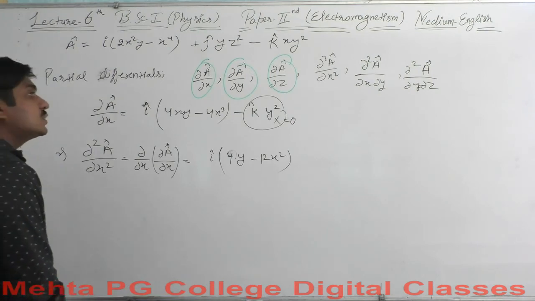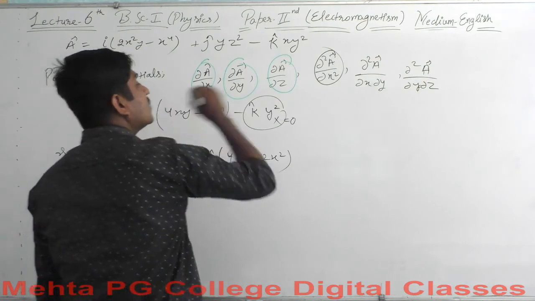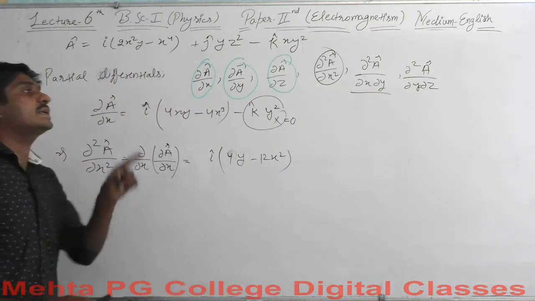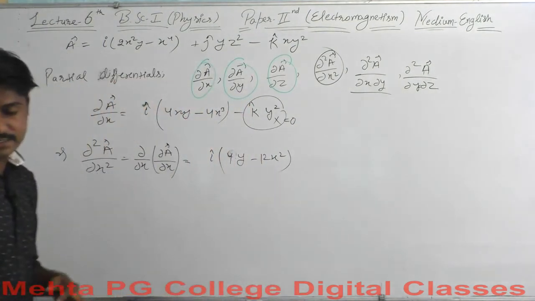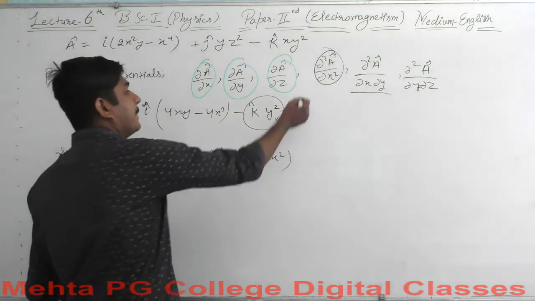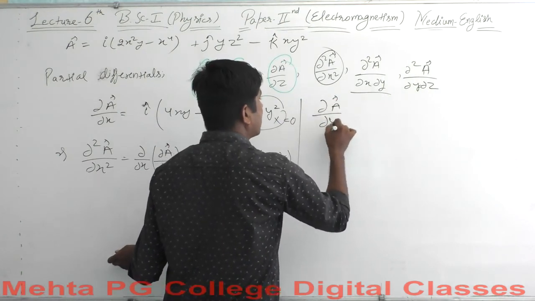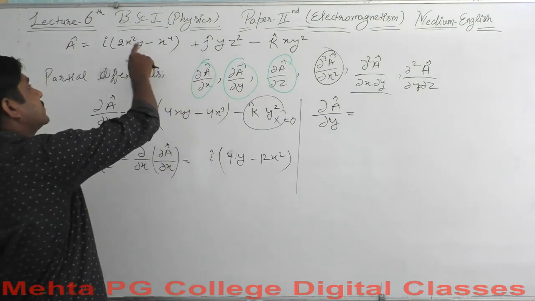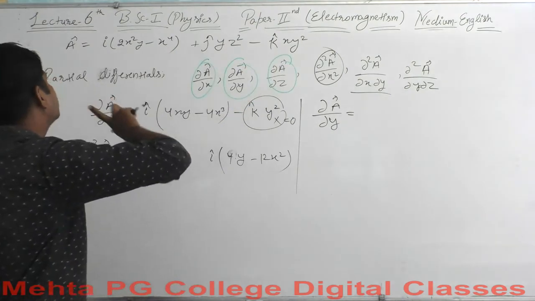So we have found this value. Now for this term we are supposed to calculate ∂A/∂y, and then we will proceed for ∂A/∂x. Let's start here. ∂A/∂y. So what will be the value of ∂A/∂y? Here, this component will exist, this will exist, and this will also exist. All these components will exist.